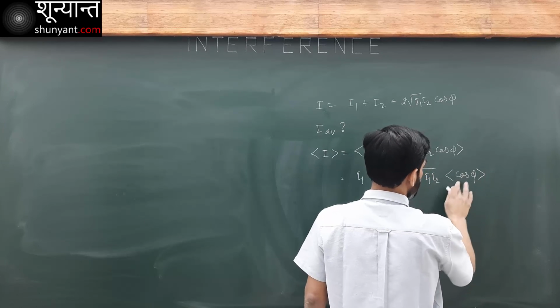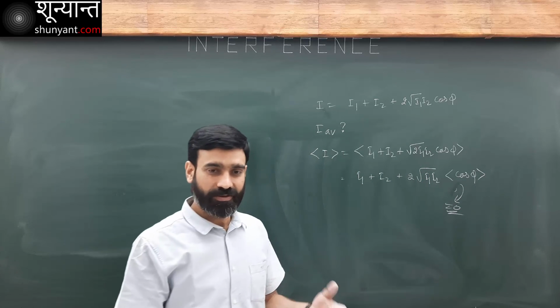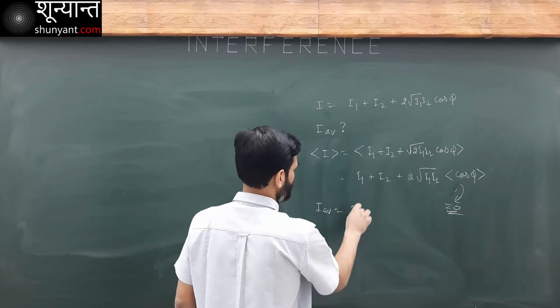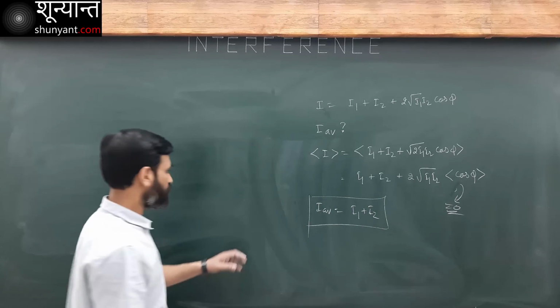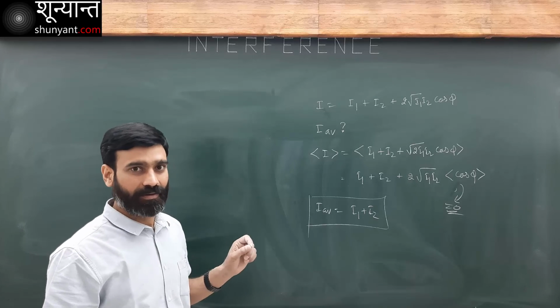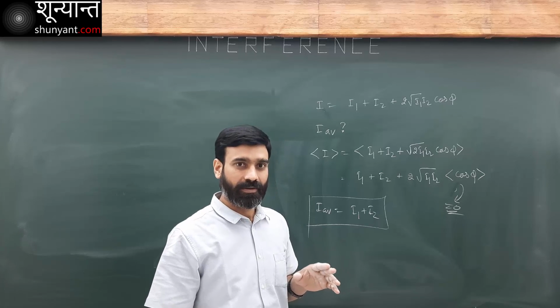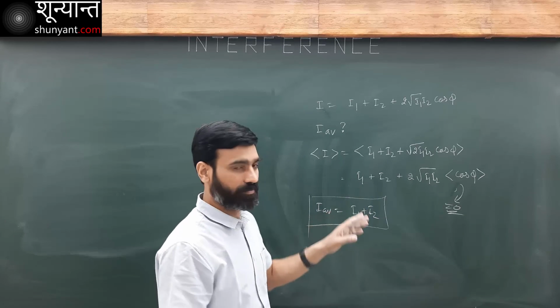What is the average of cos phi? This is equal to 0. Average of sin theta, average of cos theta is 0. That means I average is equal to I1 plus I2. That's it, and that's what you have to remember. For incoherent sources, the intensity everywhere will be equal to I1 plus I2.